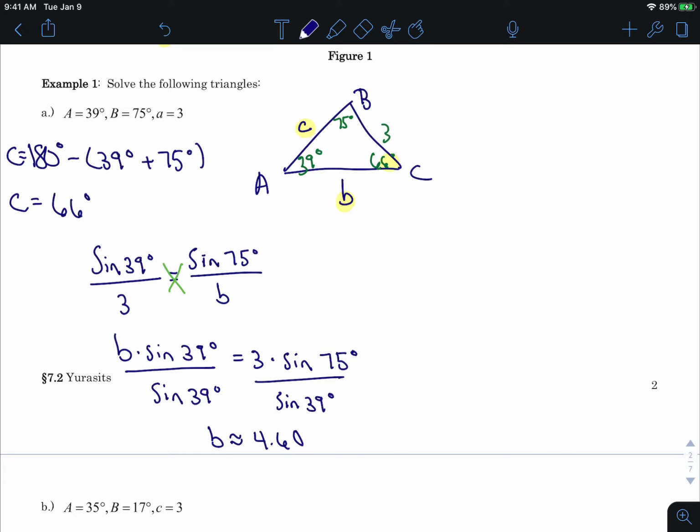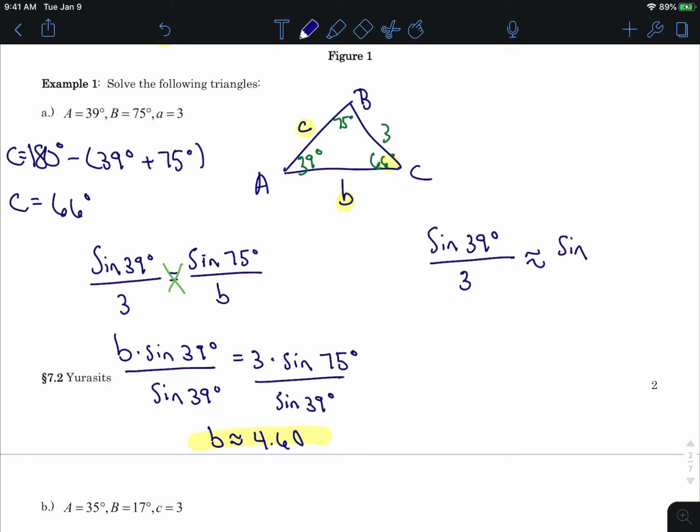All right, so now I have to solve for C. And I like to always use the full ratio that was given to me, just in case I butchered that 66, well, that 66 I'm going to have to use. But this 4.60 has been rounded, so I definitely don't want to use that in my ratio because my final answer will be off.